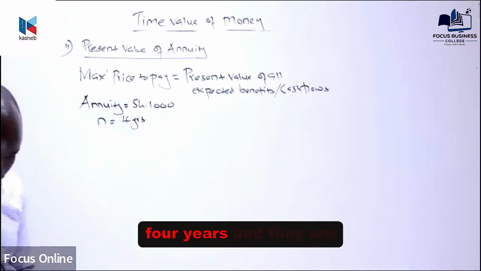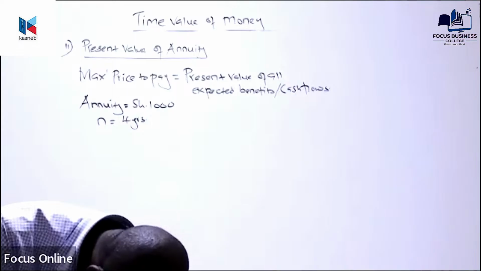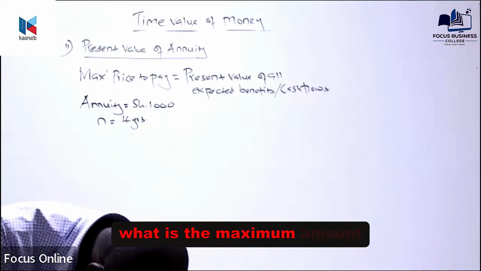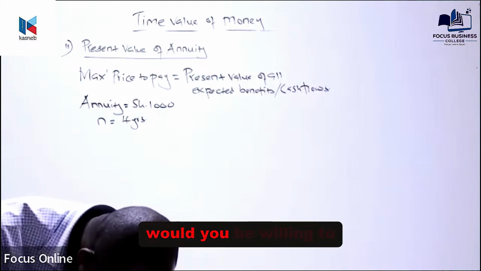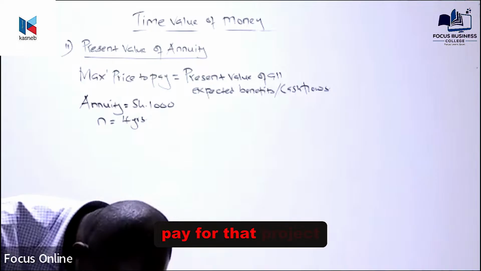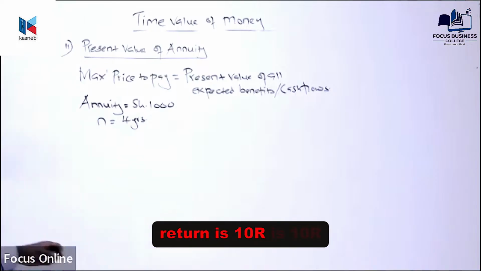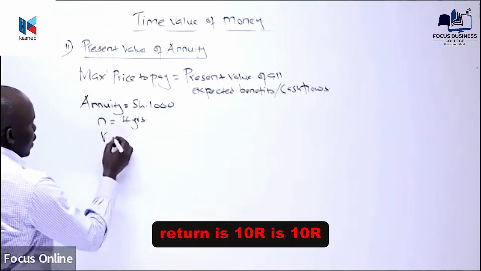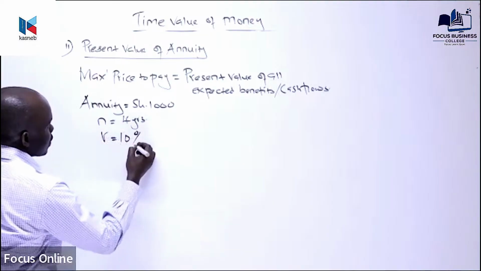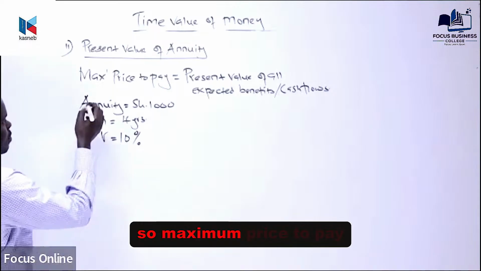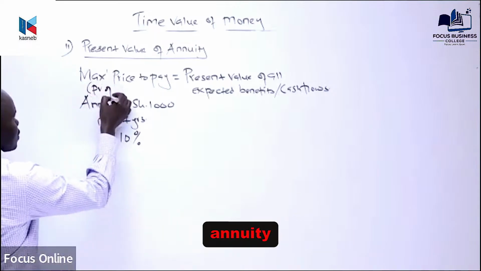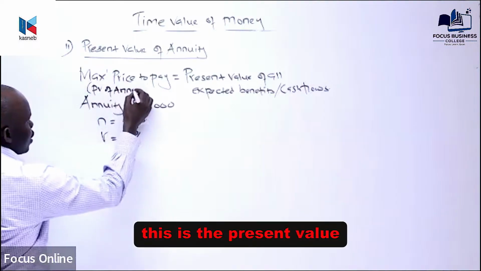And they're asking what is the maximum amount you would be willing to pay for that project if the required rate of return is 10%. R is 10%. So the maximum price to pay is the present value of our annuity.